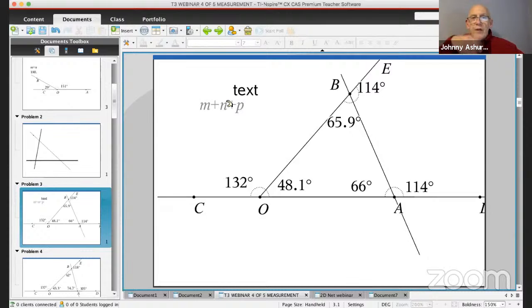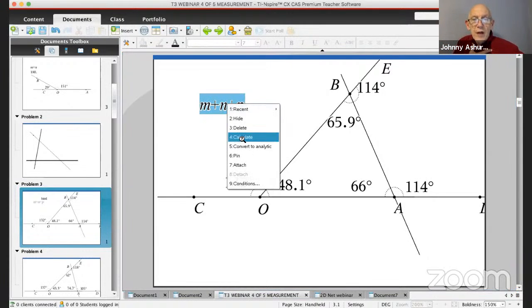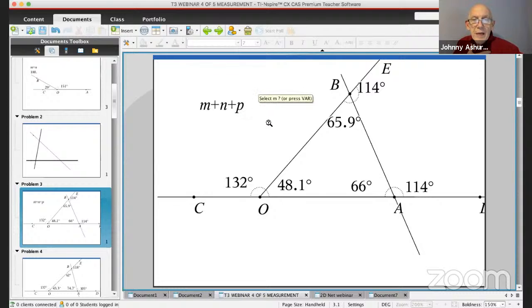So this is generic, and we can click on it and choose calculate. And now I'm asked to find a value for m. I'll choose this first interior angle, the second interior angle, and the third interior angle. And I have 180 degrees inside the triangle.